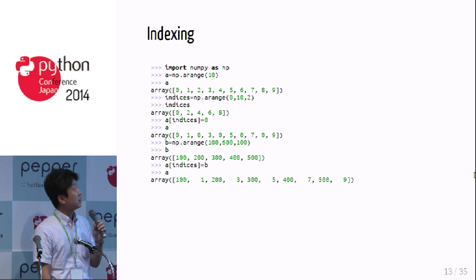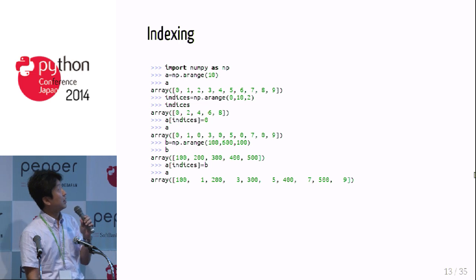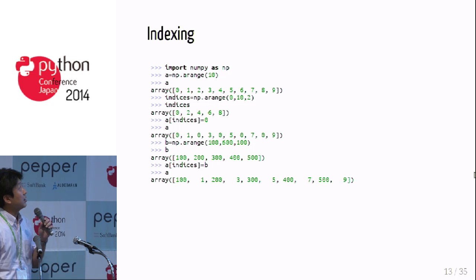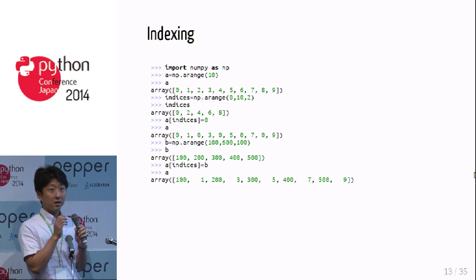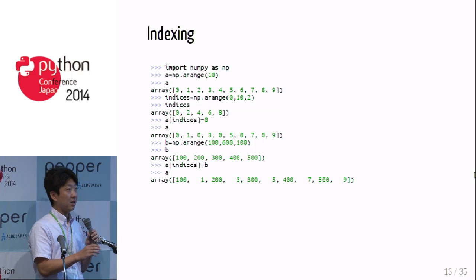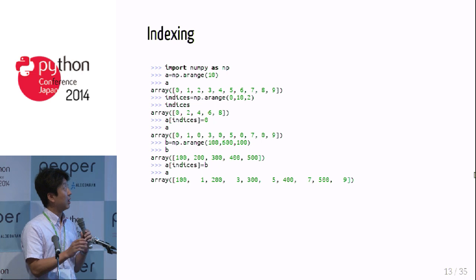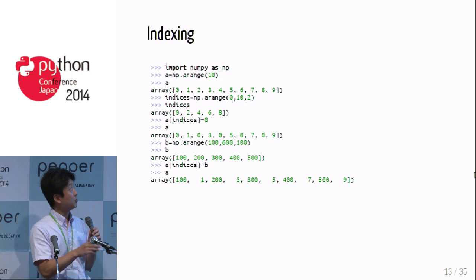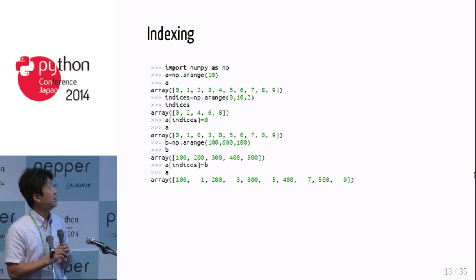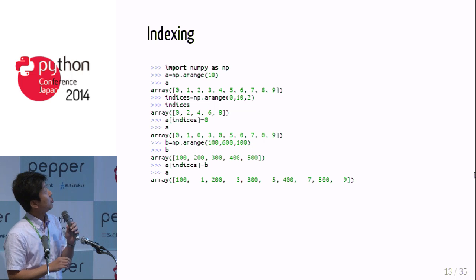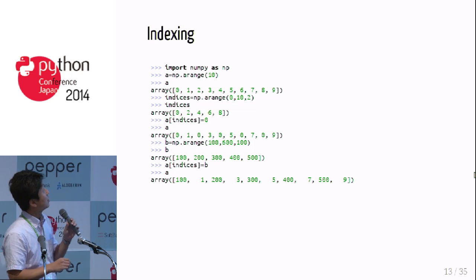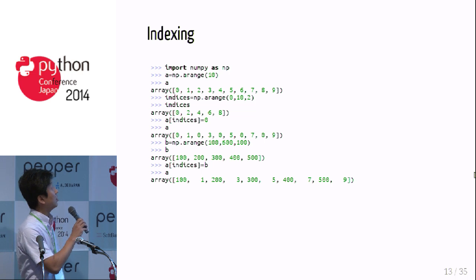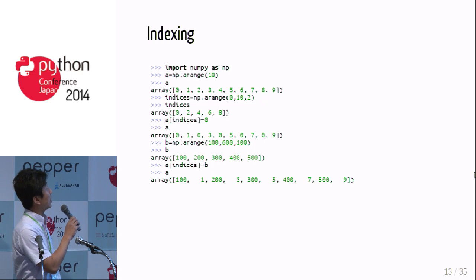And another powerful technique in Numpy is indexing. Indexing is assigning values at multiple positions. In this example, A is set as an array, and the indices are set as an array of indices.